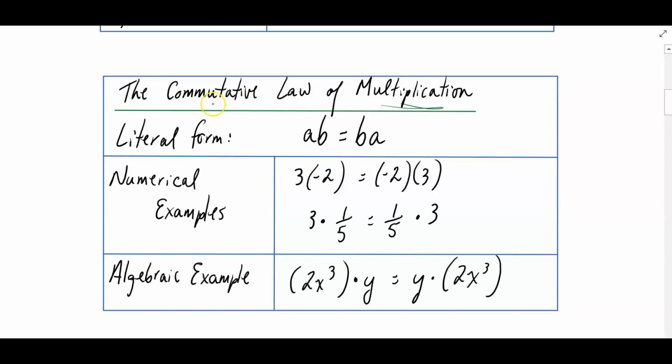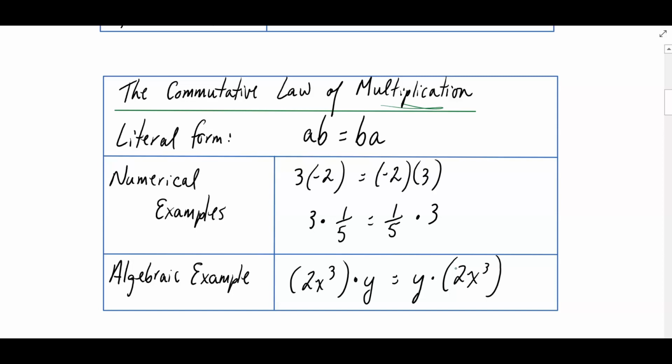We can multiply numbers in either order, even when we are multiplying a whole number by a rational number, as in the second numerical example. The same applies to algebraic examples, because our literal numbers x and y would represent real numbers. So 2x cubed times y is equal to y times 2x cubed.